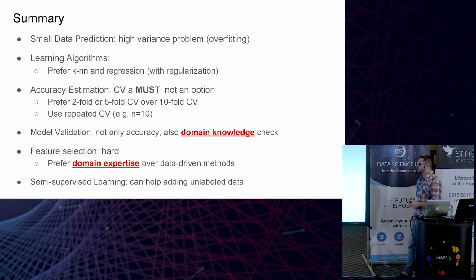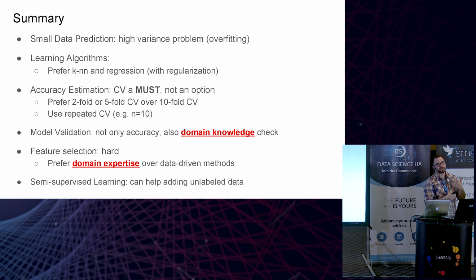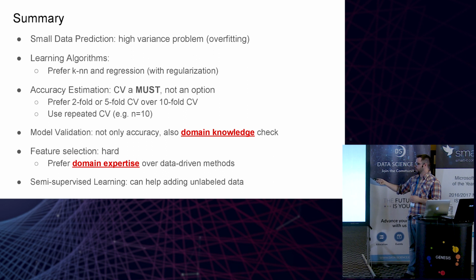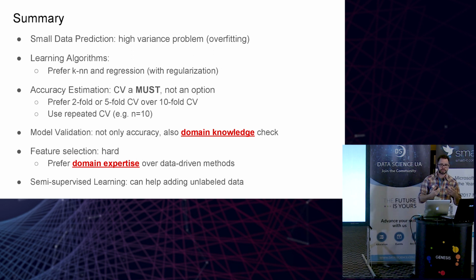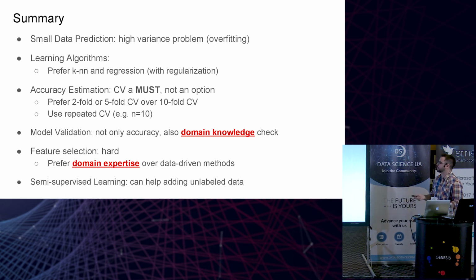For model validation, try to not only use accuracy, and try to add some domain expertise also. If you cannot, okay, but ideally you want to do that. The same for feature selection. You also want to not just use data-driven methods, but also add some expert knowledge. And also, semi-supervised learning can help by adding unlabeled data.